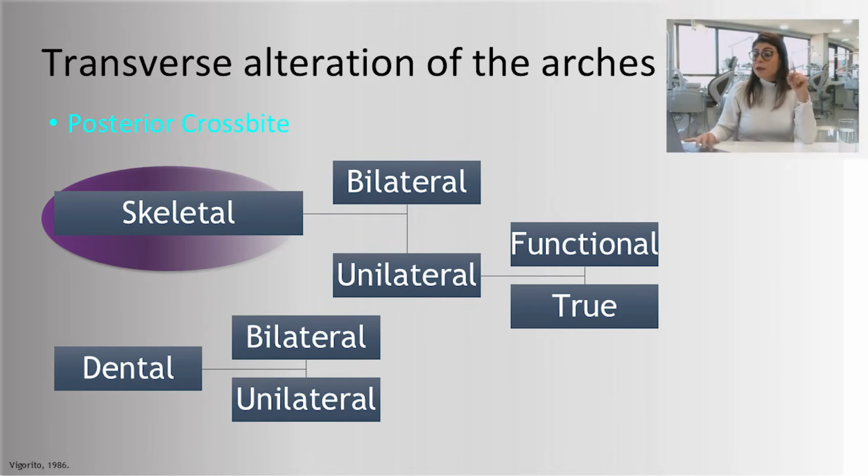The vast majority of patients will typically have a functional unilateral posterior crossbite, but as time progresses, the patient can develop a true one. And what are the main differences between these types? Basically, it is when we have a true asymmetry of this maxilla. It is not common, but it can also happen that we can have a dental posterior crossbite, unilateral or bilateral.